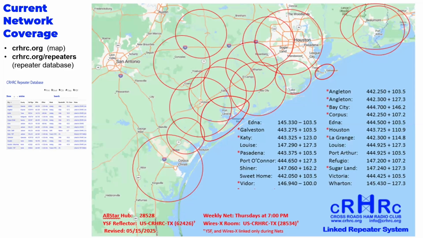Crossroads maintains a number of repeaters, and we also have member-owned repeaters that are connected to the network. On our coverage map, we have a repeater database with the list of all the repeaters, their tones, and the locations.